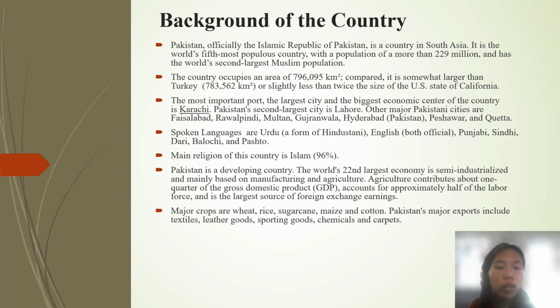The country occupies an area of 796,095 square kilometers. Compared, it is somewhat larger than Turkey, which has 783,562 square kilometers, or slightly less than twice the size of the U.S.